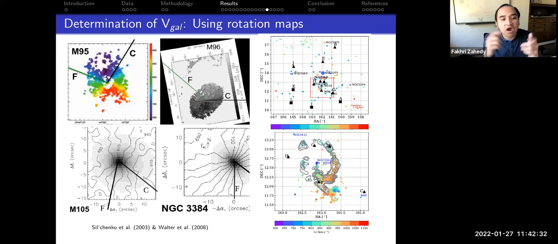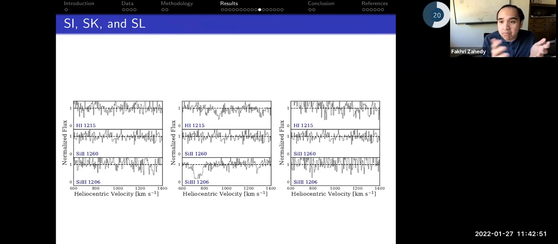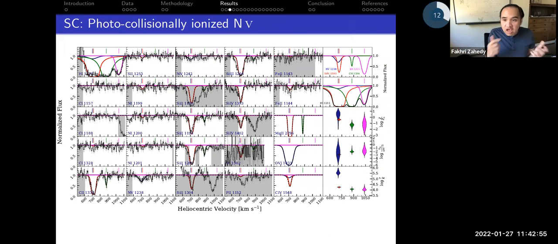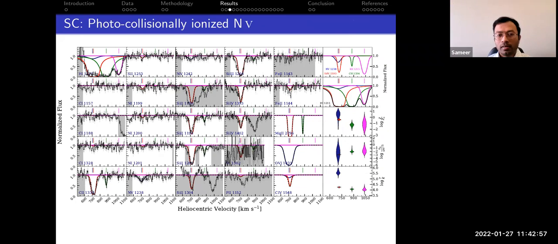M105, and they look Milky Way size or more massive. Were you able to obtain any constraints on the abundance profile of the gas, like how the abundance of different element groups varies, as opposed to just a single metallicity?